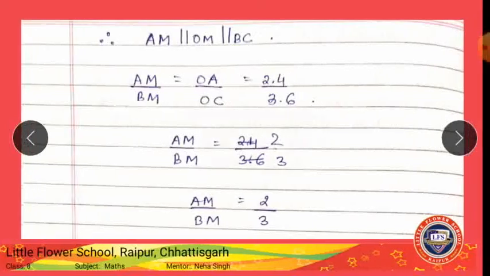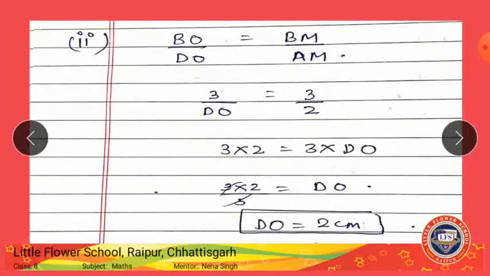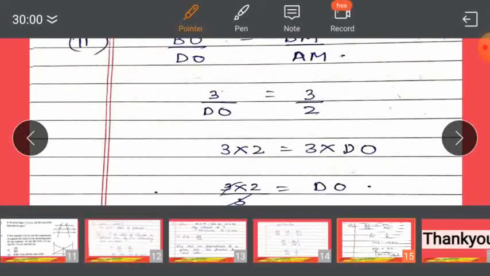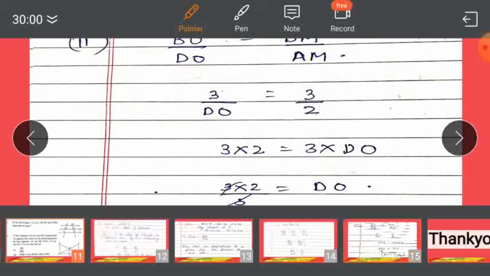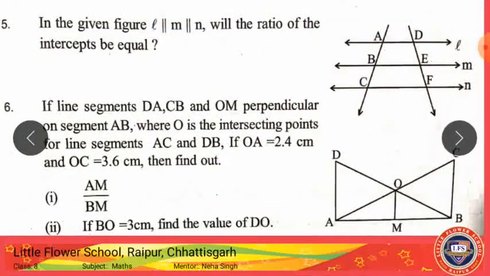In the next part, you need to find the other ratio, DO. How are you going to find it? Directly, you are going to equate the intercepts. You need to find DO, right? So you can equate these four intercepts, and since you know two values, you can easily find the value of DO.